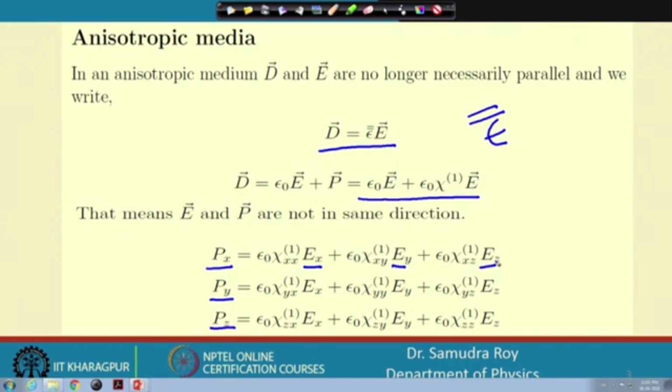So, we have a matrix-like form, and this relation is very important in nonlinear optics, and we will know in future classes how these things lead to other issues. Let us go to the next slide.